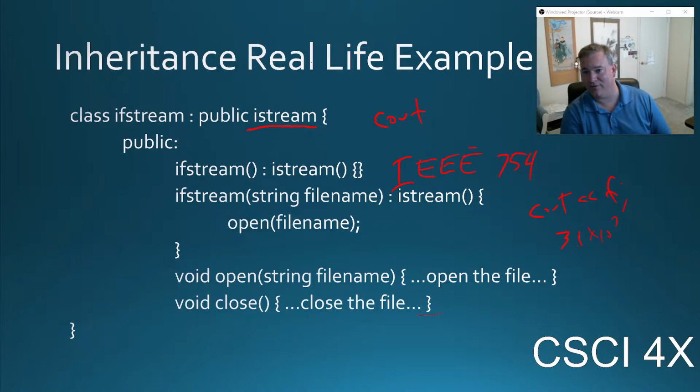cin and cout have to know how to read in ints and unsigned ints and floats and doubles and strings and all this kind of stuff. It's actually quite complicated. Now let's say you got it working. You got cin done, you got cout done. You're like, yeah, 40,000 lines of code done. Now you have to write fstreams.